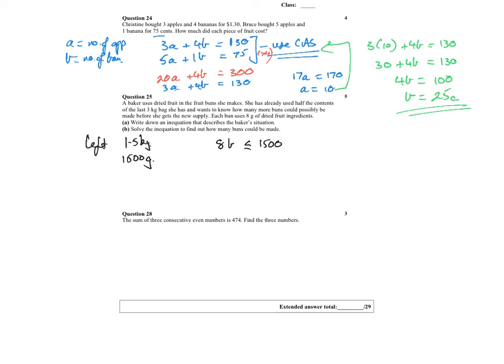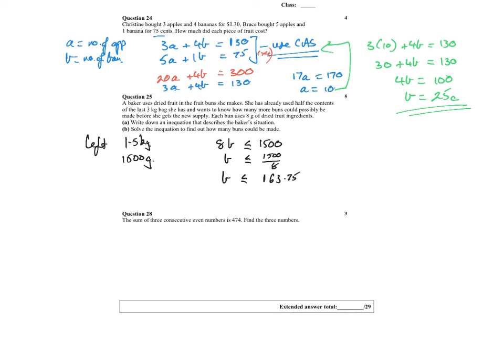So there's our equation. So now if I divide both sides by 8, the number of buns is 1,500 over 8. So B is less than or equal to, using our calculator, 163.75, I believe.